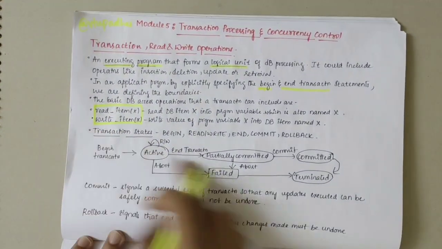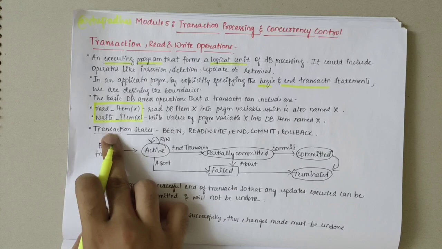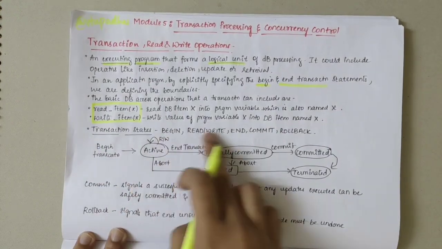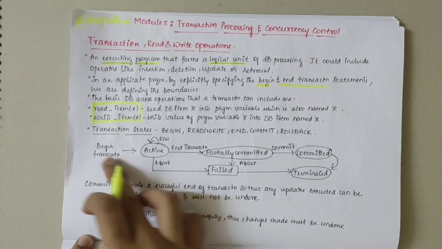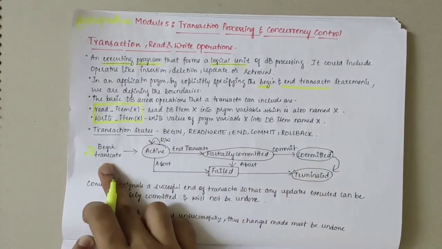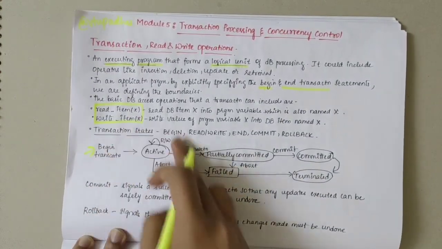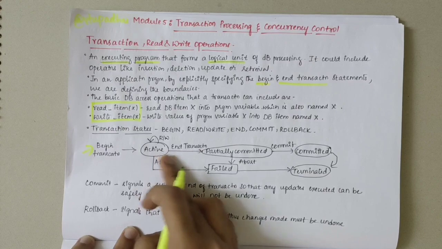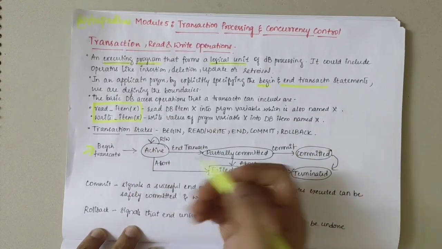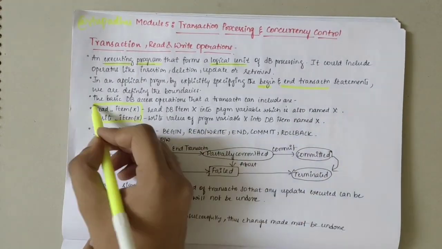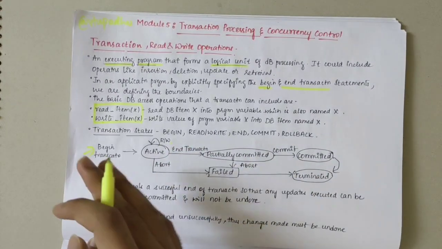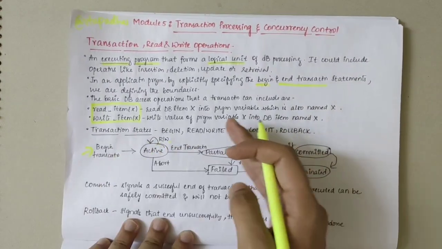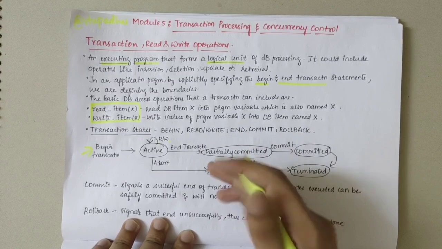Here is the transaction state diagram. There are five states: begin, read write, end, commit and rollback. We start at the begin state, we begin the transaction, and then it reaches the active state. Once it reaches the active state, it has two options, either to read or write. If the read write operations are done, there are further two options.